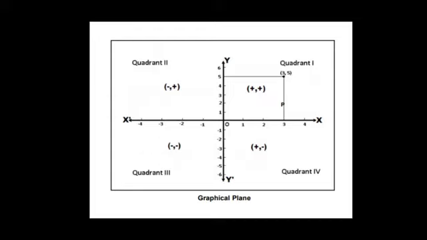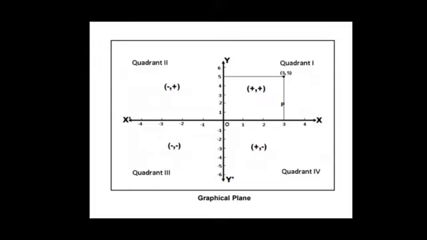Students, abscissa, that's x-axis, and ordinate, that is y-axis, thus divide the whole graph paper into 4 quadrants. As we can see here in the graphical plan, in quadrant first, both the values of x and y are positive. In quadrant second, y is positive but the values of x are negative.